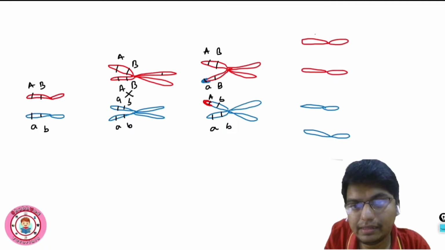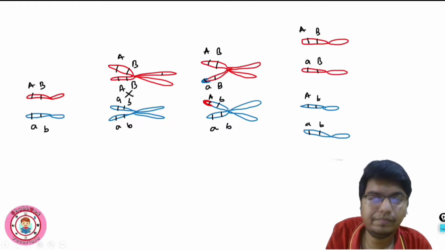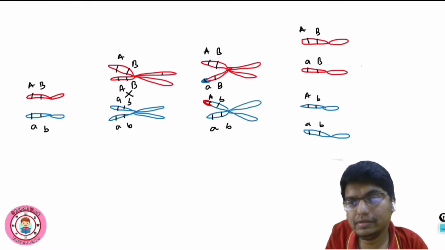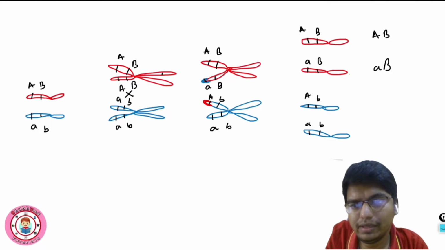Okay, and then segregation again. So this type of genotypes you can see of gametes. See, this is AB, this is small b, again capital A, small b, and here small b.